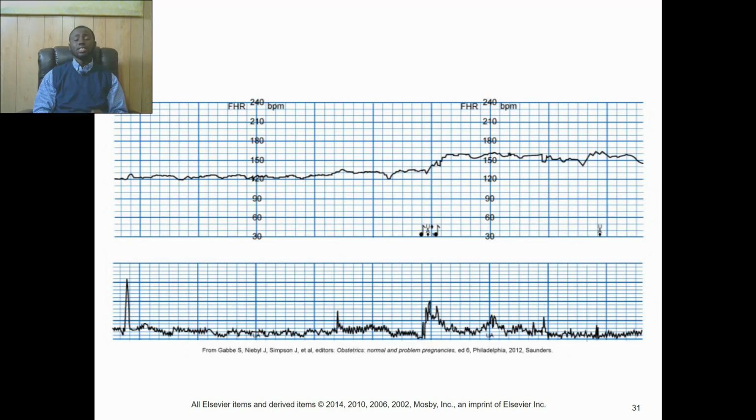A non-stress test is considered unsatisfactory if there is inadequate fetal movement despite snacks, gentle pushing on the fundus, or vibroacoustic stimulation. This will mean that the test will have to be repeated and done again at a different time.